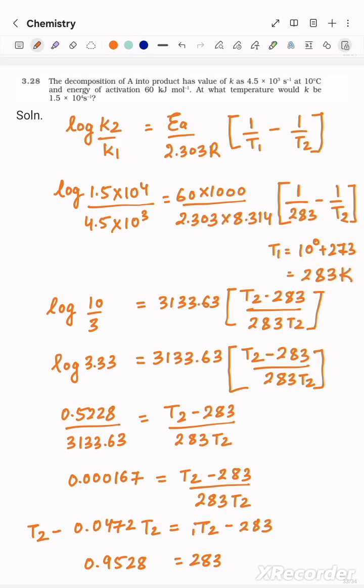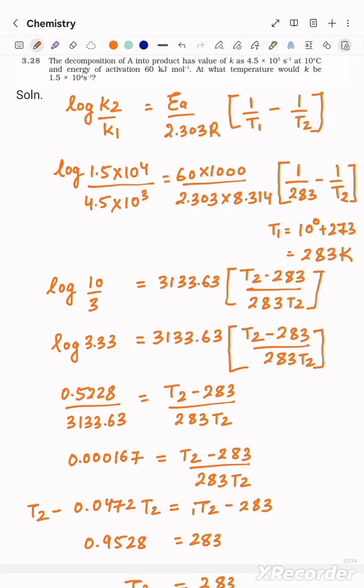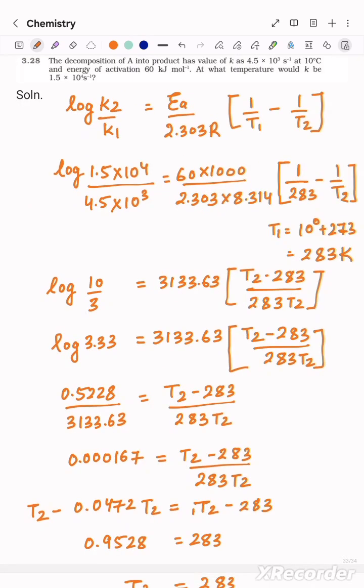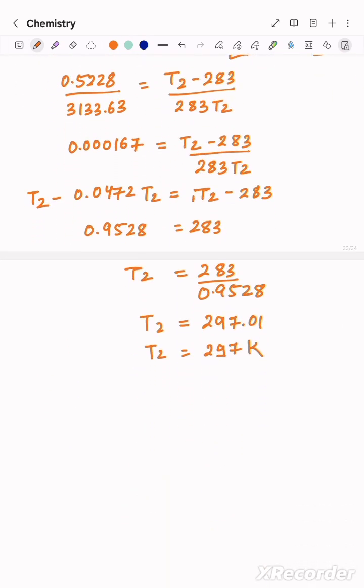So this temperature is 297 Kelvin. In degrees Celsius we convert this: T2 is equal to 297 minus 273, so T2 will become equal to 24 degrees Celsius.